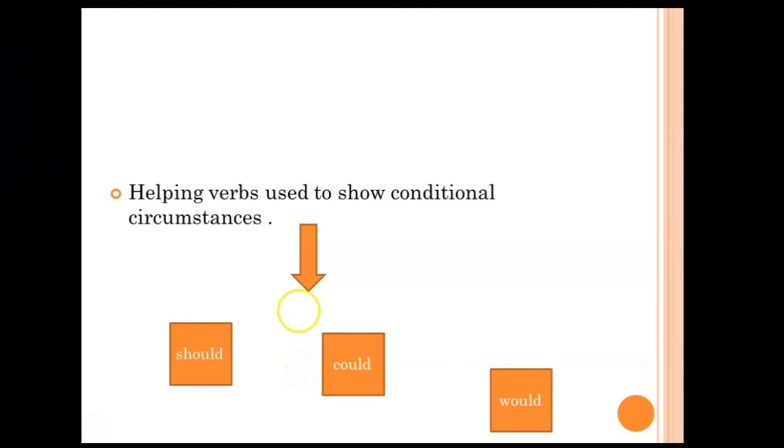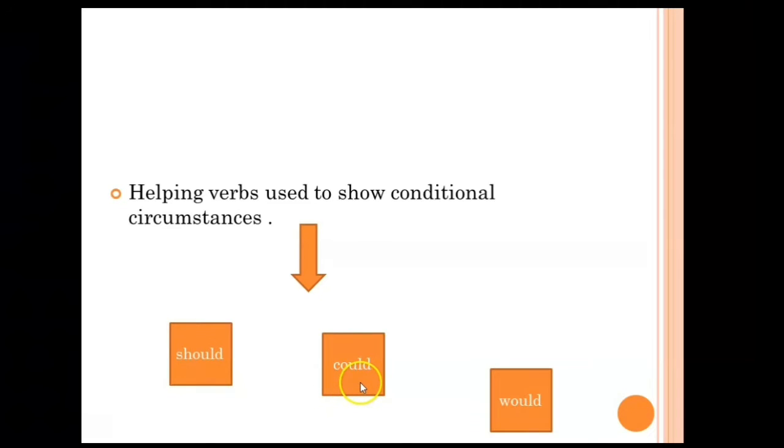Again, I have helping verbs used to show conditional circumstances. يعني في عندي شروط. Example, should, could, would. Example, I can say, you should arrive at school by 10. يعني لازم, يجب.